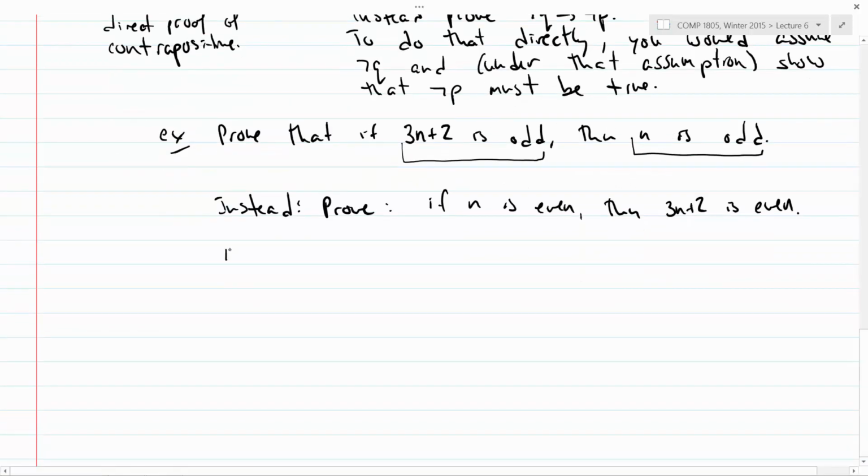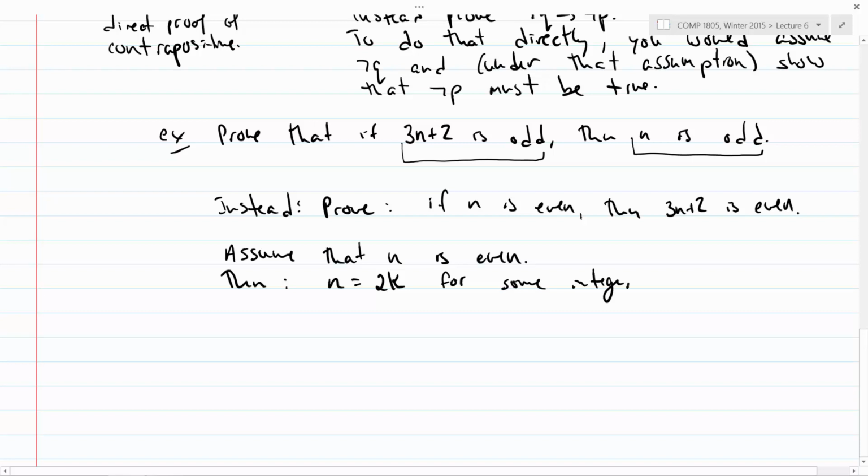So I will assume that n is even. Well, if that's the case, then n must be equal to 2 times k for some integer k. And I want to know about 3n plus 2. So 3n plus 2 is equal to 3 times 2k plus 2, which is 6k plus 2.